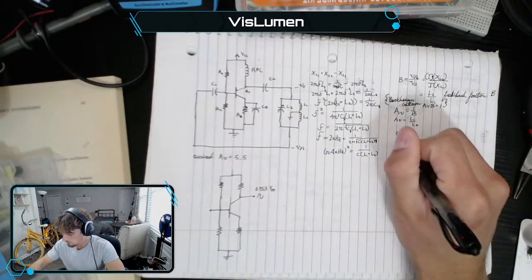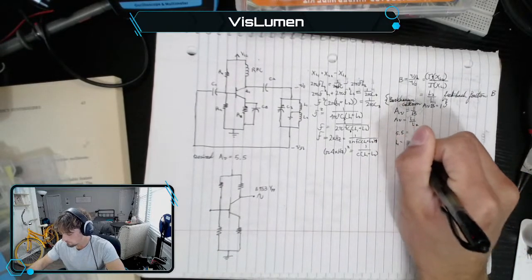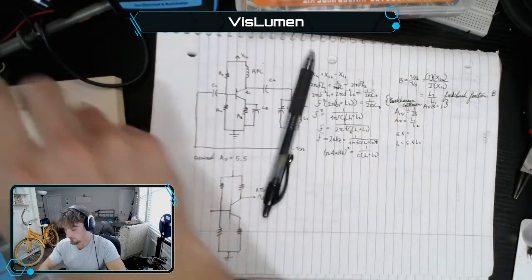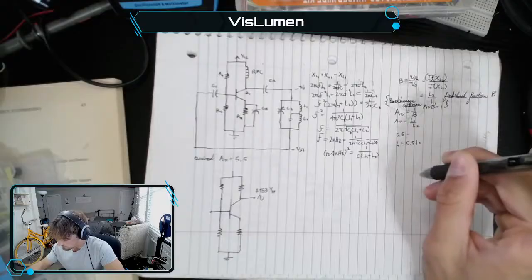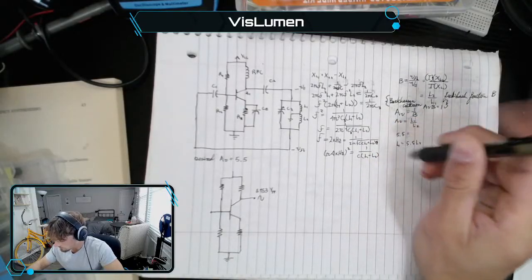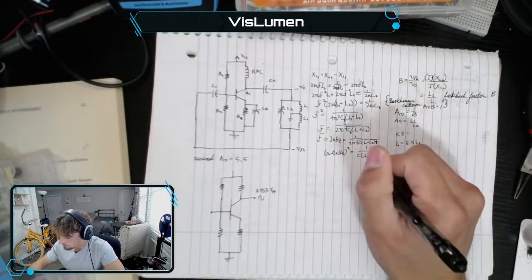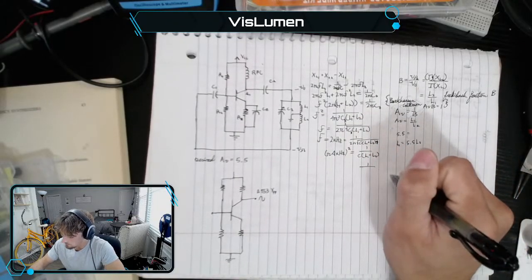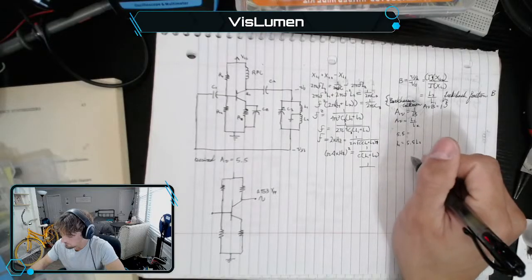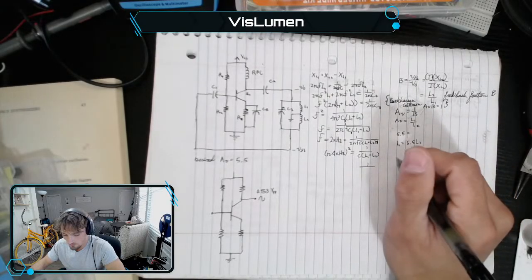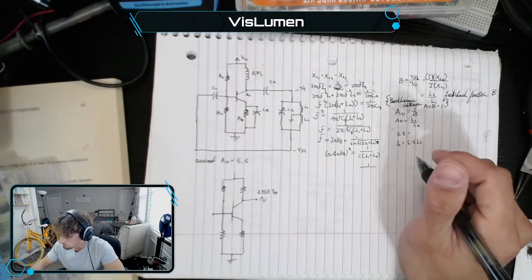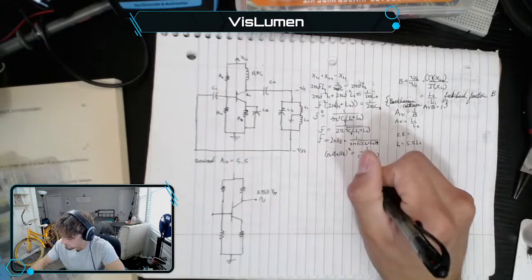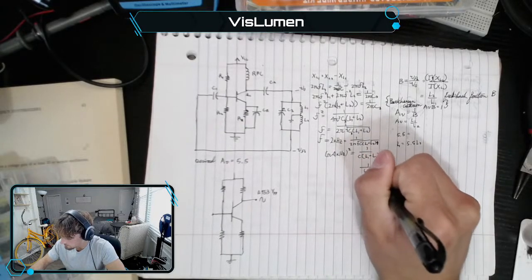Then we could say L2 equals, but first we have to define that. So we could say 1 over L1 plus L2, 5.5 L2 plus L2, so 6.5 L2.